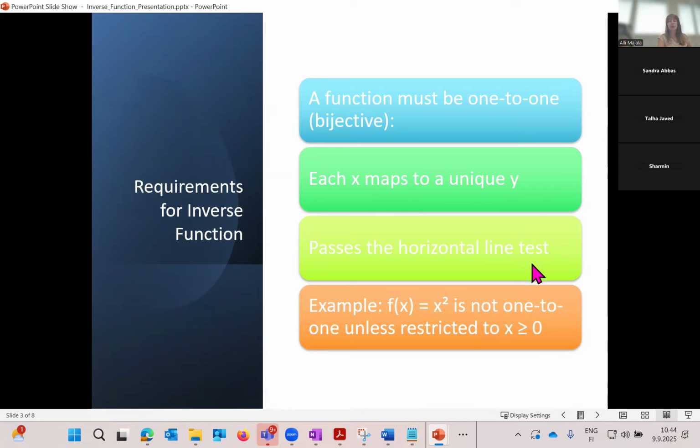Horizontal line test, okay, we're not going to do anything like that, but there is this kind of a test that you can use to test if it's bijective. But for example, this kind of a curve, x to the power of 2, is not bijective, unless it's restricted to the values x greater than 0.